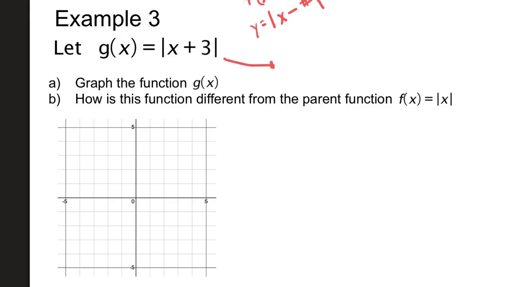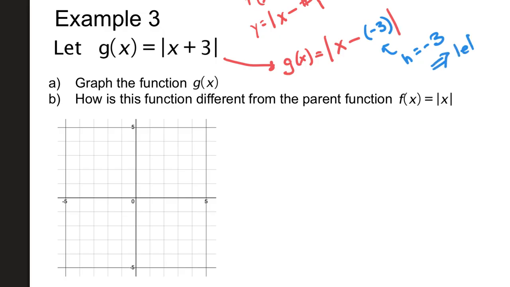That means that if I want to change this, I need to think about g of x as being written as the absolute value of x minus, and remember, double negatives give me the addition, minus -3. And in this problem, that means my value for h is equal to -3, which translates to me moving it to the left 3 units.